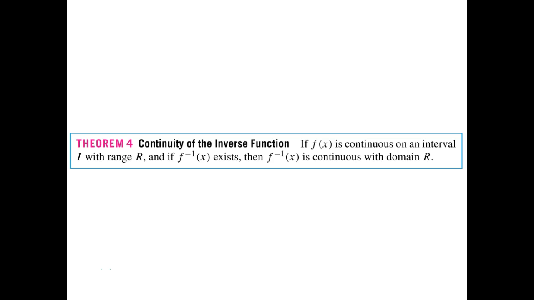Then F inverse is also continuous, but here's the difference. What was the range R of F becomes the domain of F inverse, and what was the domain of F becomes the range of F inverse, if the inverse exists. Okay.